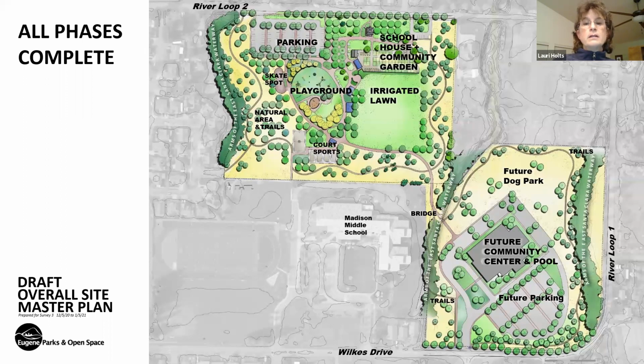But likely based on the history of the site, it's fairly heavily impacted. And so there may not be a whole lot of native pollinator type species present on the site at this point.